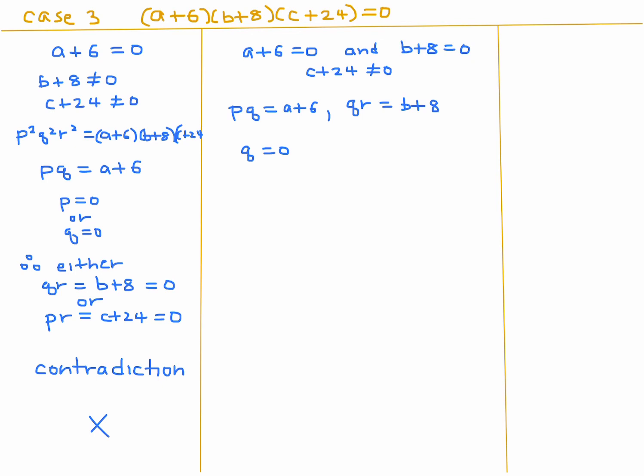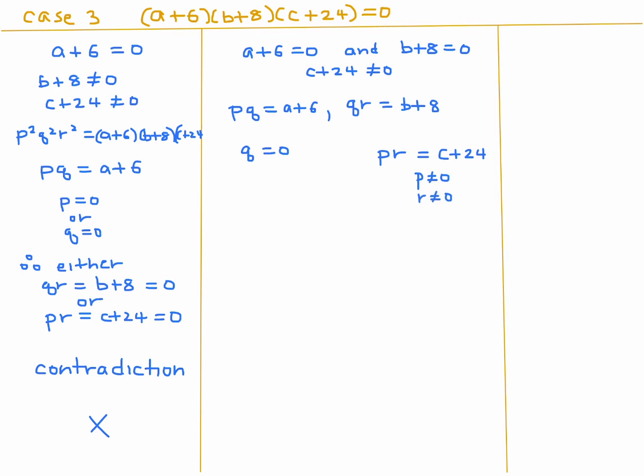That's the only way that both of those can be equal to 0. And then we explicitly said that C plus 24 is not equal to 0. And C plus 24 is P times R. So that means P does not equal 0 and R does not equal 0.